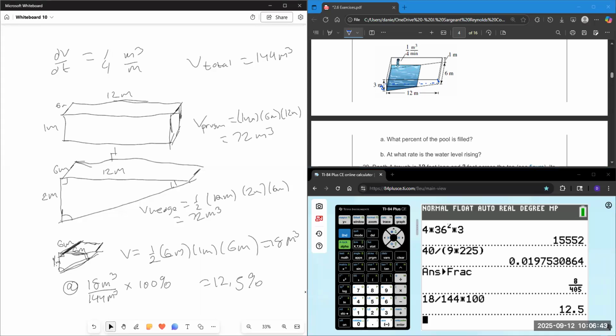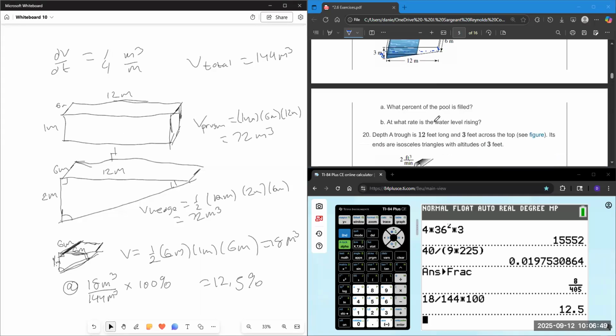I hope that really helped you to see all those drawings, especially since drawing's not my strong suit. Hopefully you saw the pool as those two different pieces that we needed to look at.